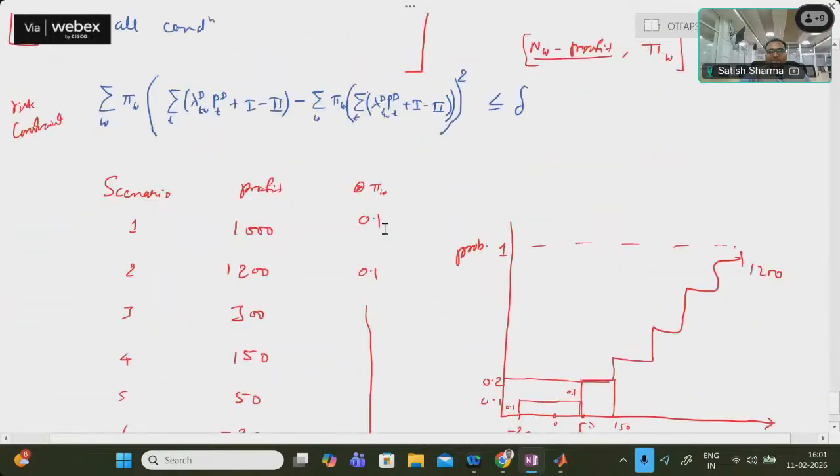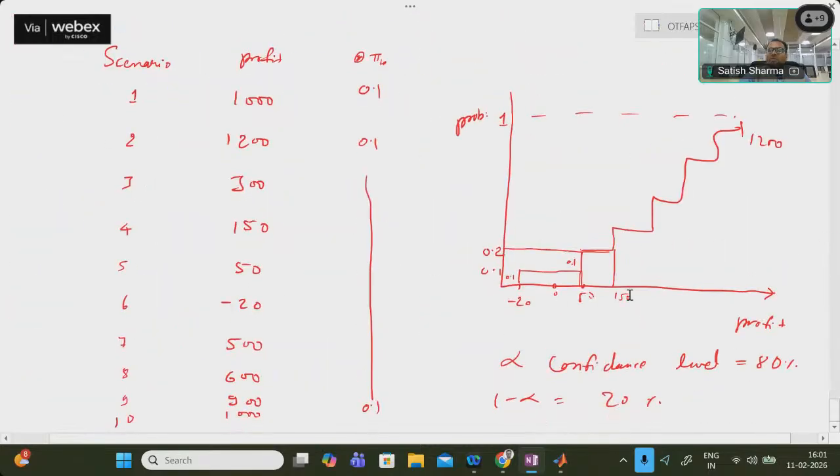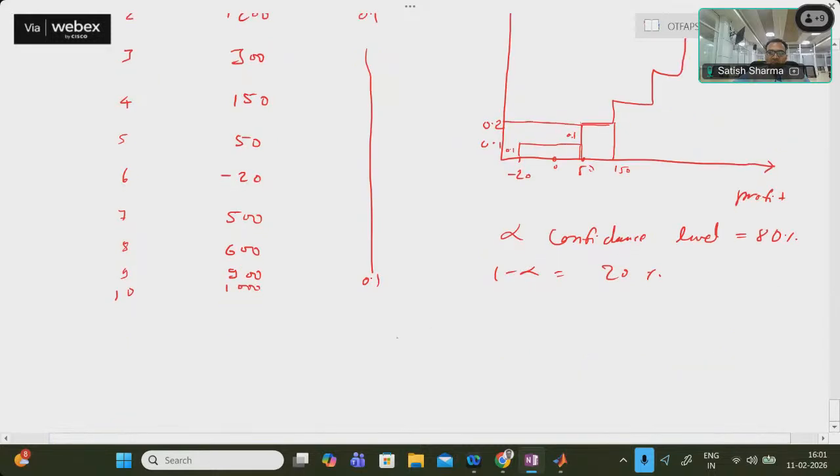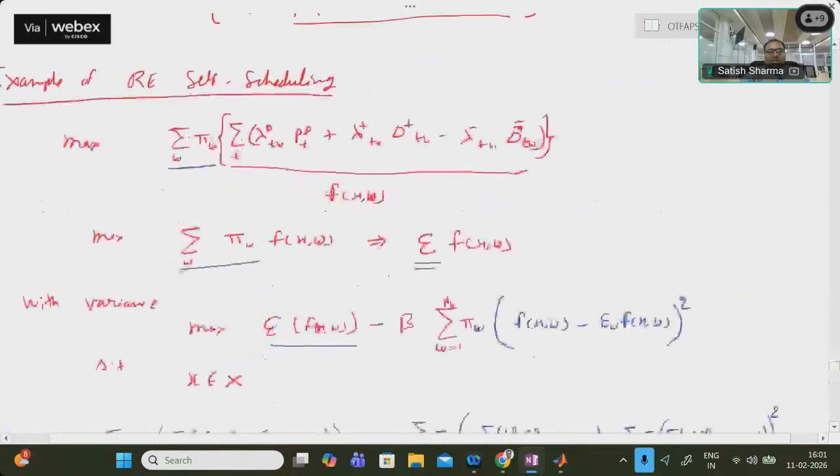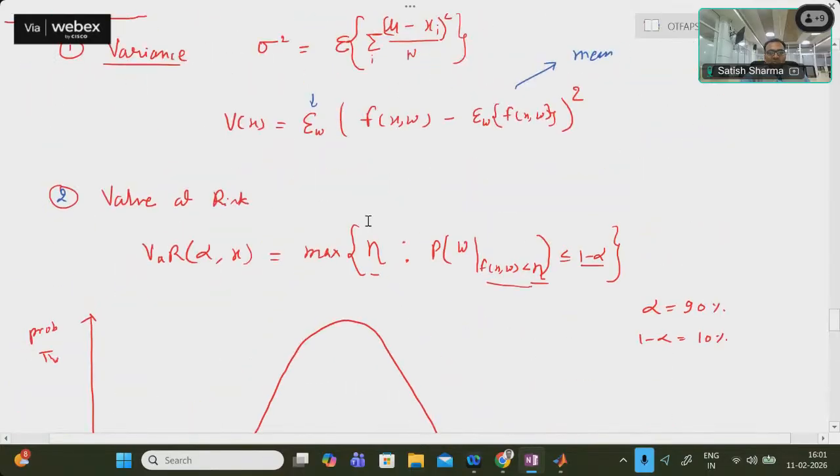So here the eta can take 50 or 150. So I can define that the value at risk in this particular case is 150.